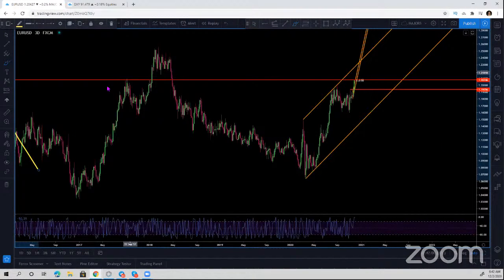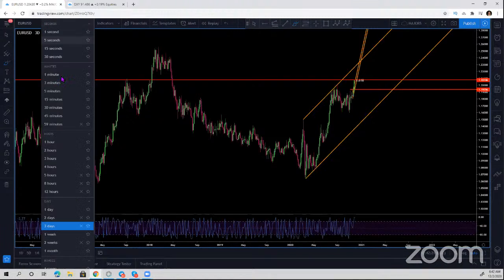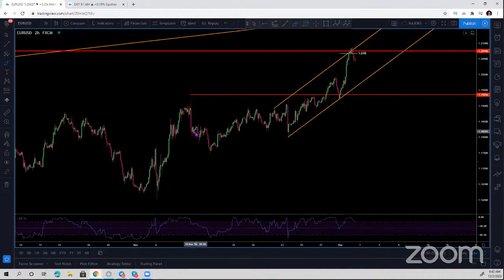And it was retested again here before we broke to the upside, and this is back in August 2017, and we have not tested this level since August 2017. So this is in fact a massive key level in this market.